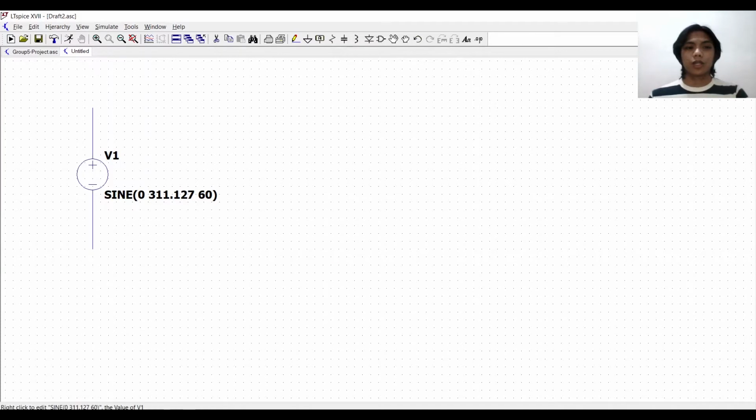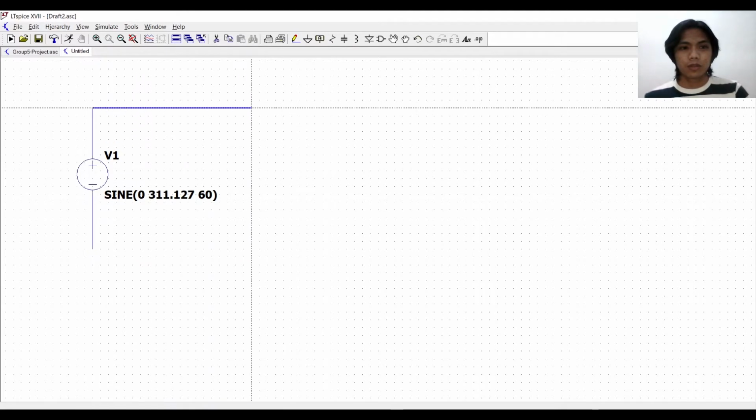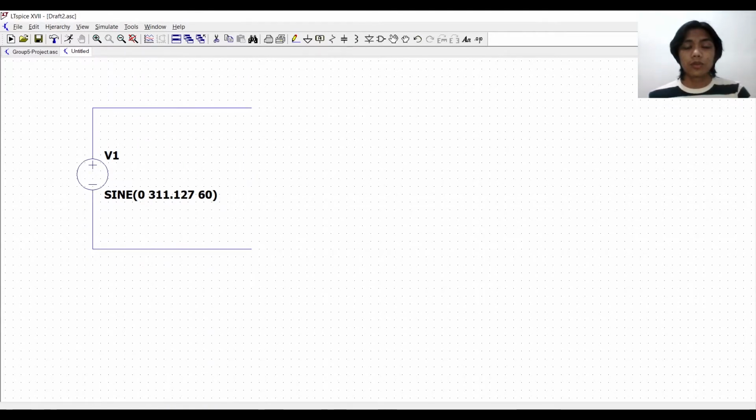For the power supply, we will be making use of a step-down transformer in order to reduce the 220 volts RMS voltage into something close to the value that we would want as the output. Unfortunately, there are no transformer models in LTspice, so we have to make one on our own using the available inductor models in LTspice.